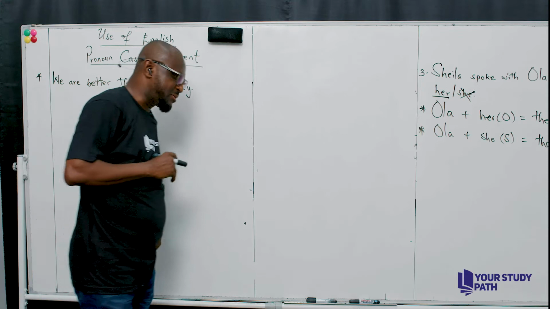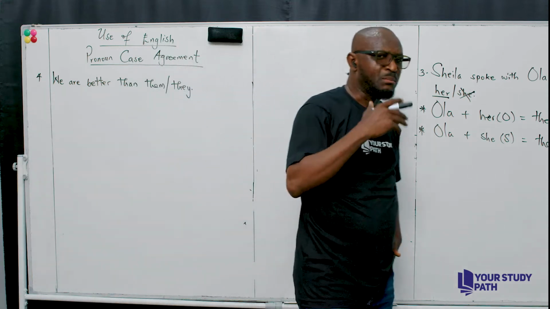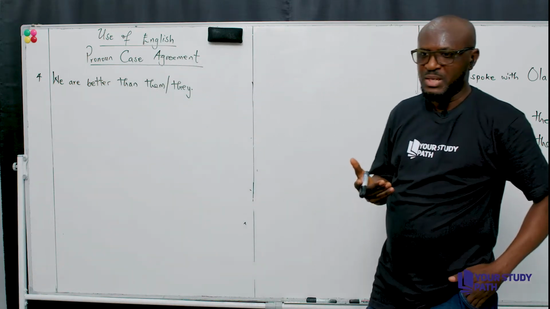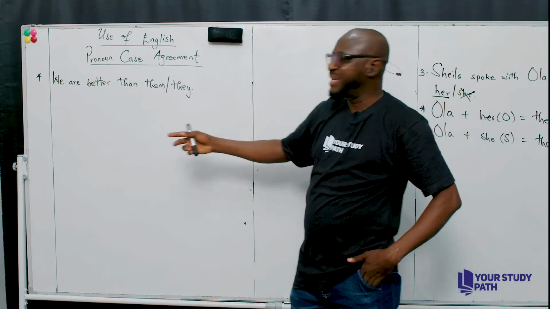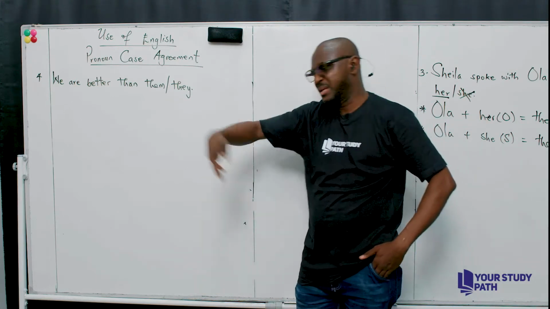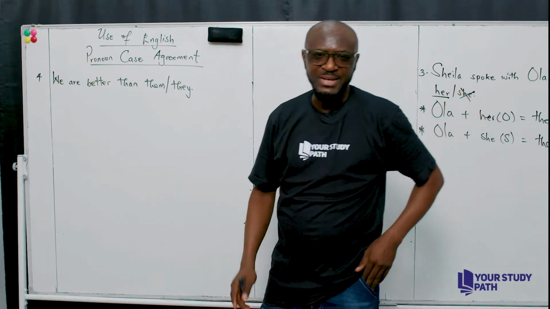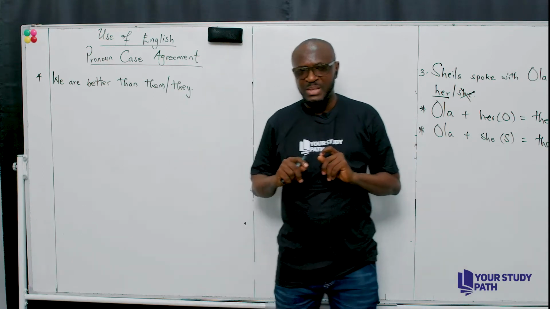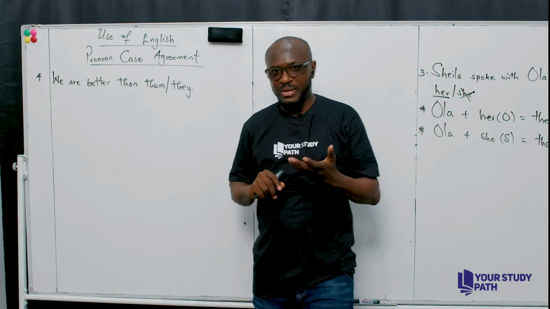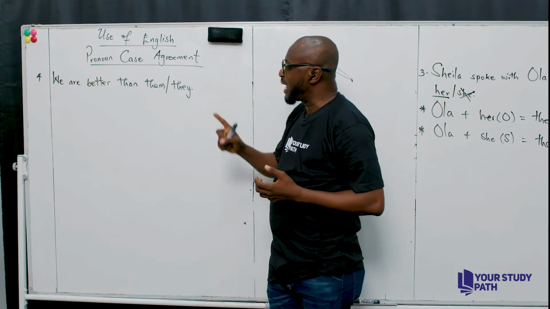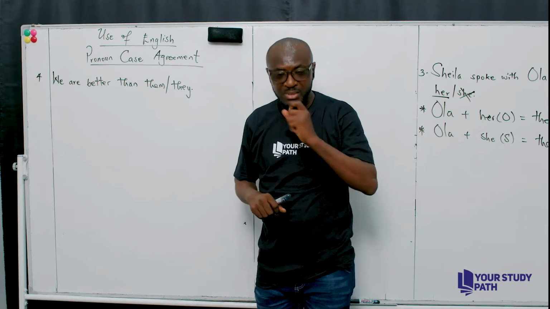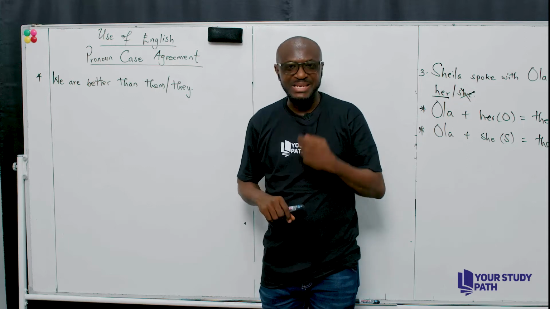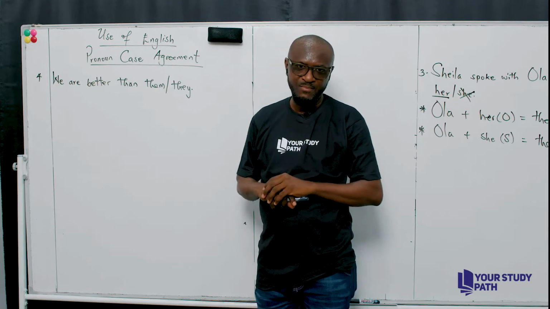Now, you would agree with me that most users would say we are better than them. You know, it sounds correct. It sounds sweet, so to speak. But talking from the point of view of grammar, we cannot say we are better than them. But we can say we are better than they.